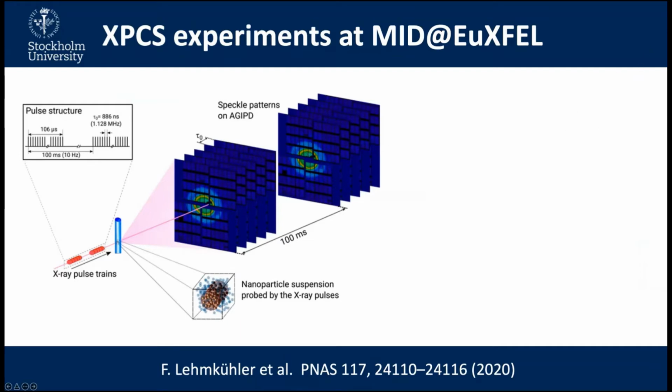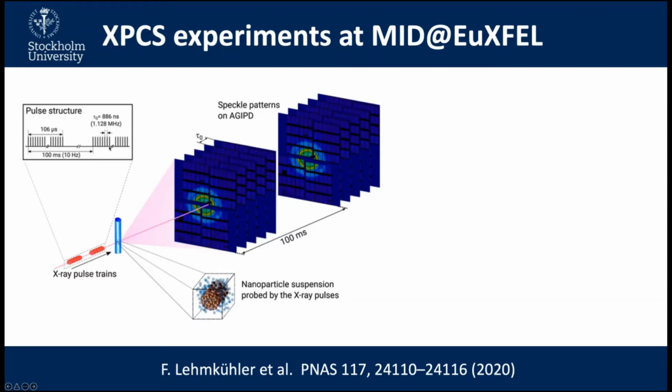I know a lot of people have been discussing this pulse structure, but in this case, I think it's a good thing. You have a lot of X-ray pulses that come, we call it a train, and these can be separated by down to 220 nanoseconds. You can have up to 200 pulses or so, and then there's a gap, and then there's another train. These trains come at a repetition rate of 10 Hertz.